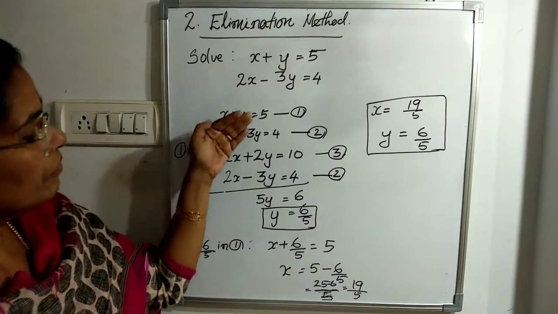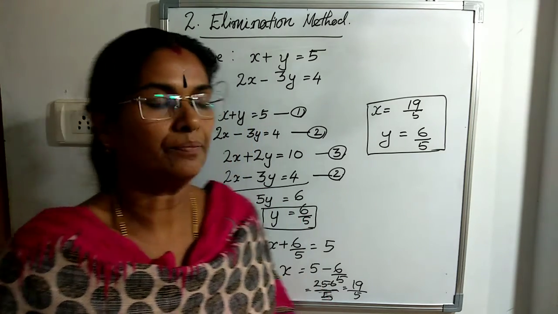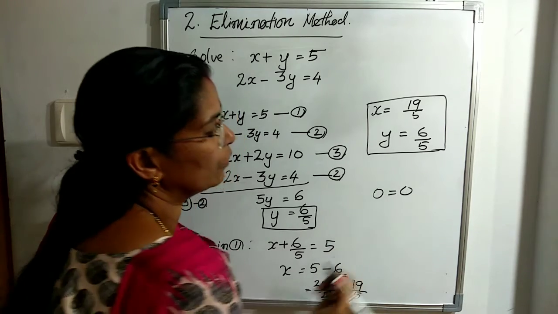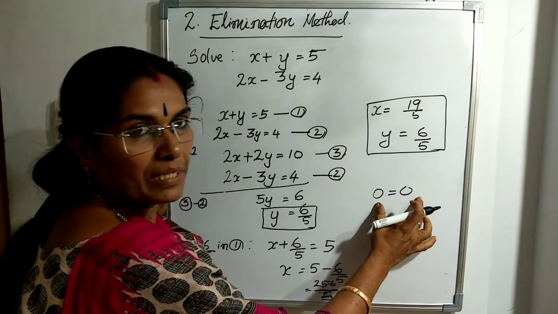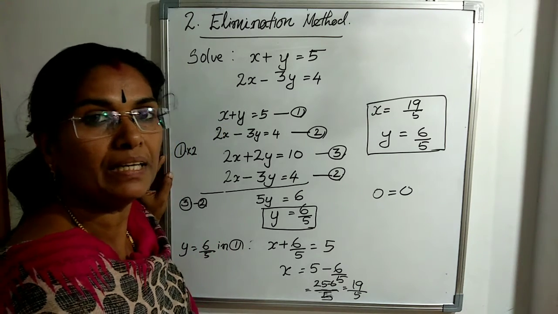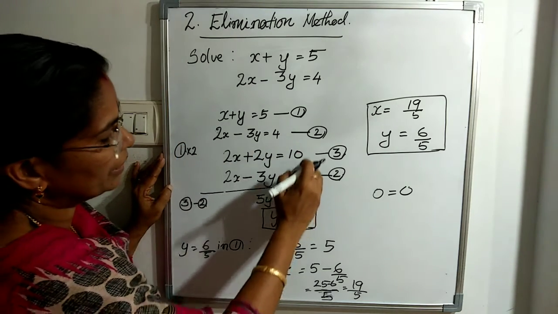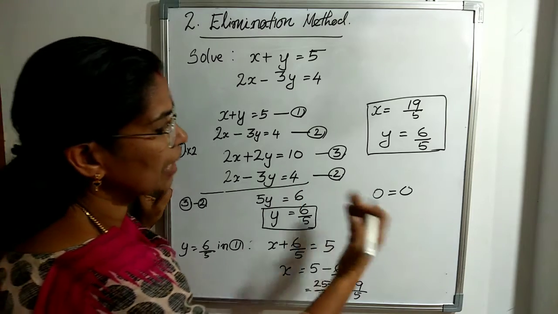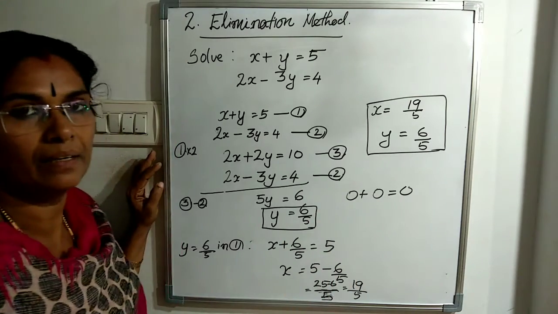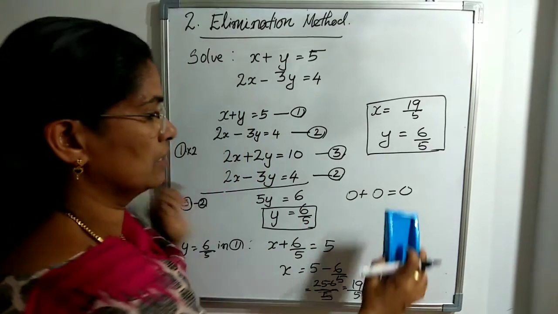Now if we subtract and the answer comes without a variable, like 0 equal to 0, which is a true statement, then we say there are infinitely many solutions.